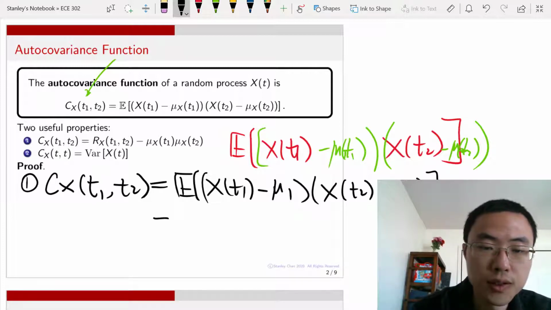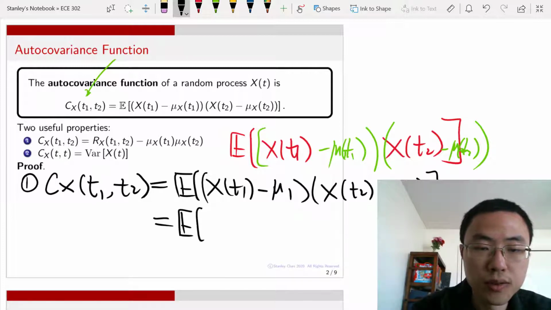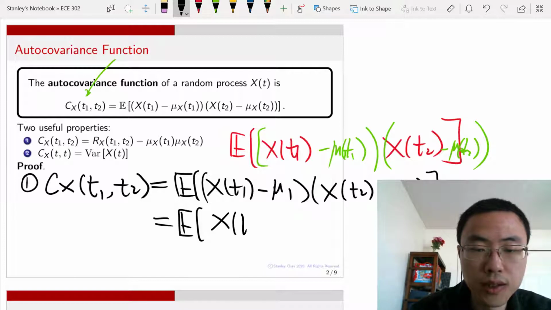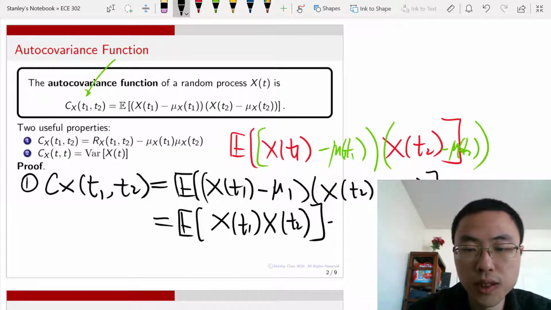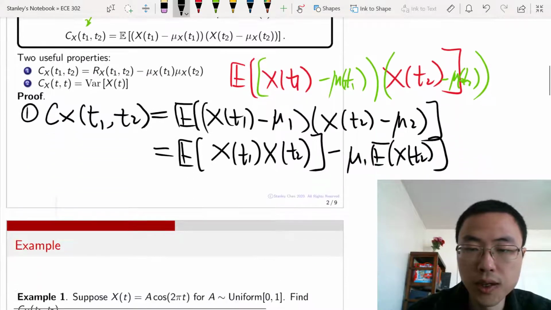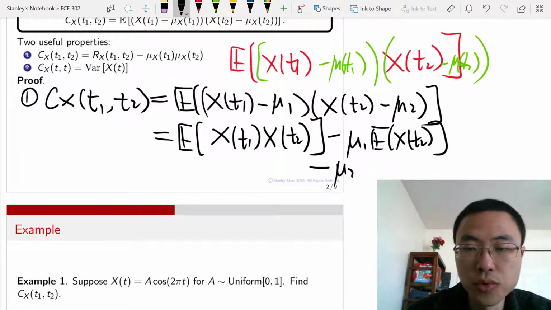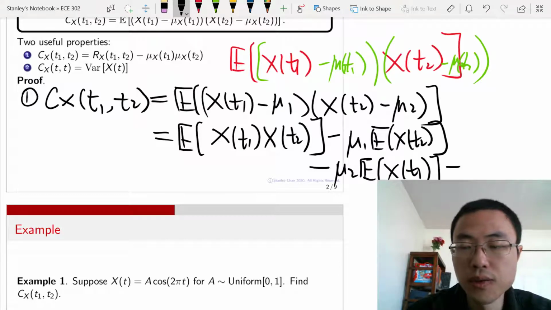Now, this can be expanded to give you x at t1 times x at t2, and then minus mu1 x at t2, and then minus mu2 expectation of x at t1, and then plus mu1 mu2. That's just the expansion of this equation.